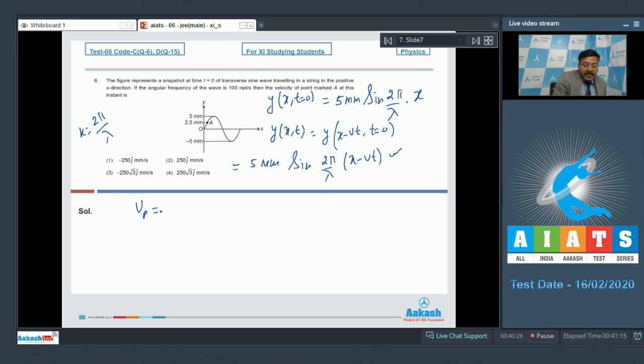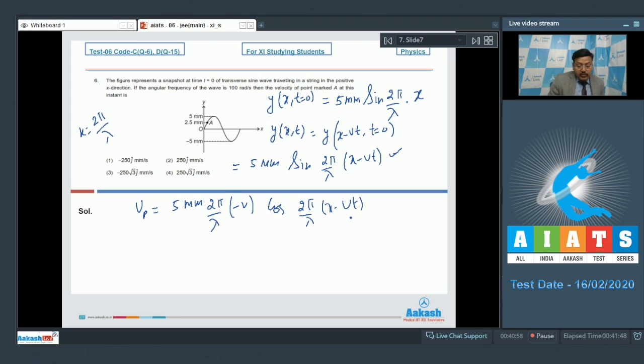To find the particle velocity, the expression will be vp equal to del y by del t, and that is equal to 5 mm into 2 pi by lambda into v. In fact it is minus v, so it's minus v, cos 2 pi by lambda into (x minus vt). This is the particle velocity, and we are talking about time t equal to 0.